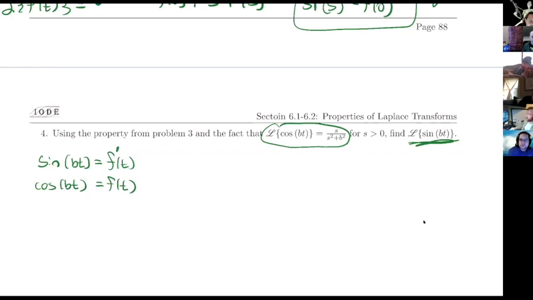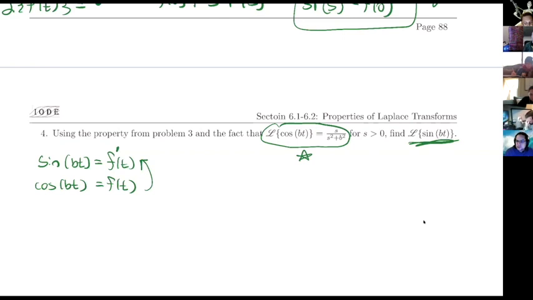But if I'm going to let cosine of b t be f of t, since f of t is going to be the function whose Laplace transform I know. Okay, so that's given over here. So how is sine of bt related to cosine of b t? So this is not the correct formula. What would I need to tweak about that?